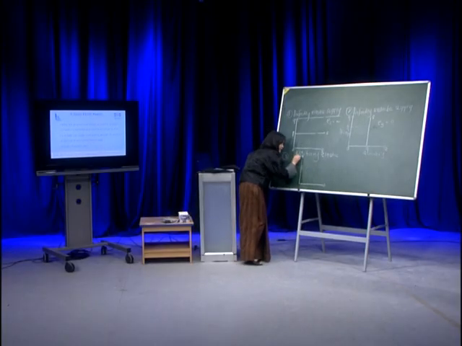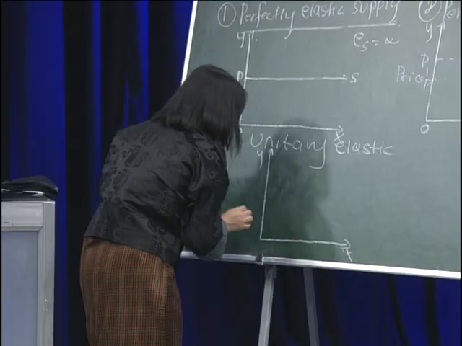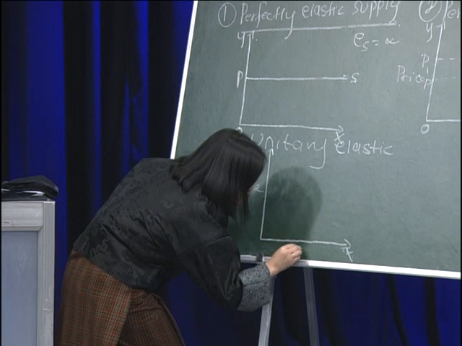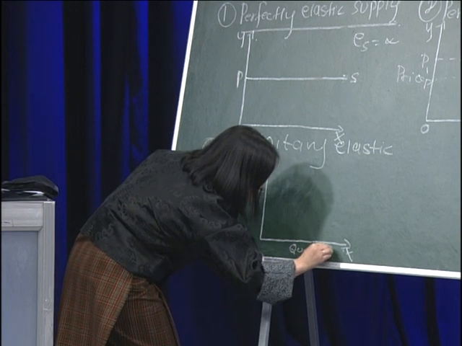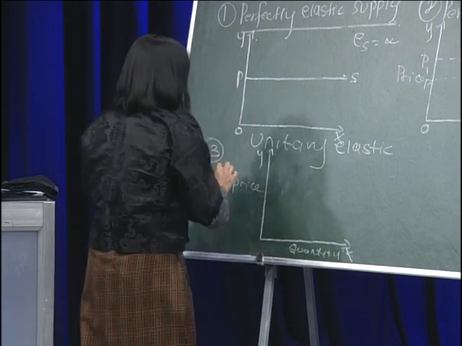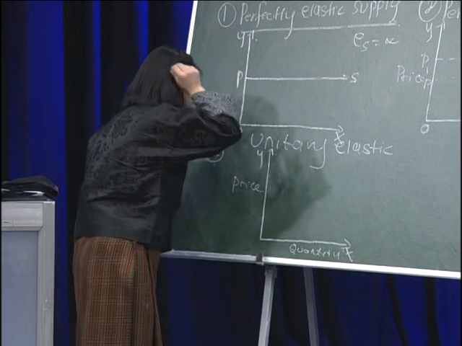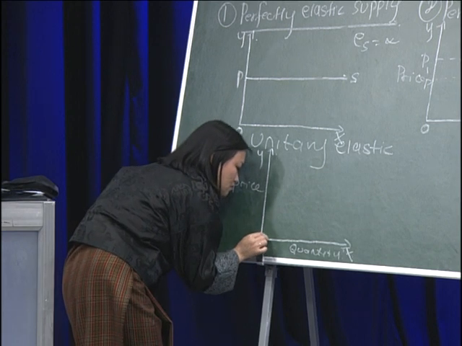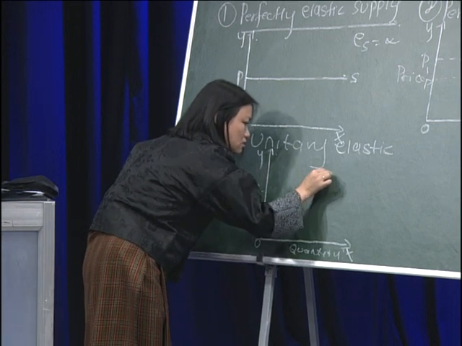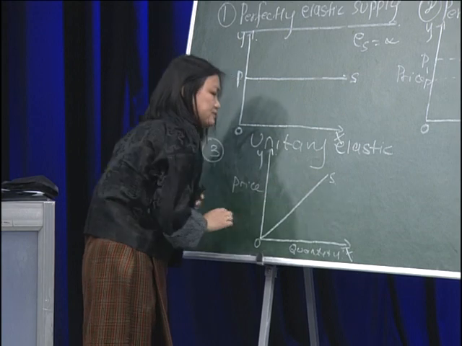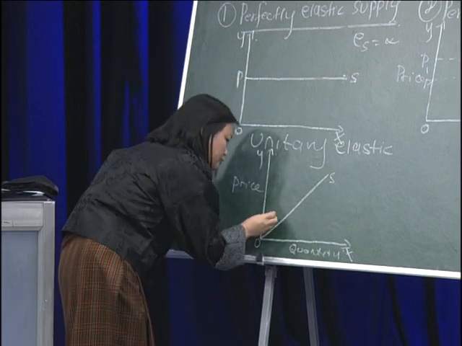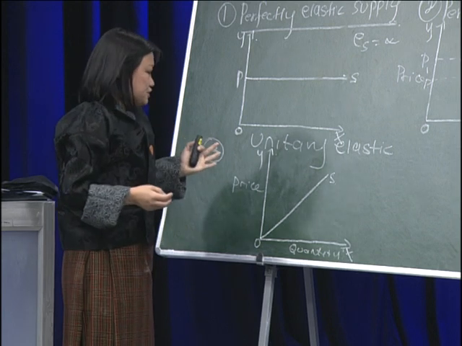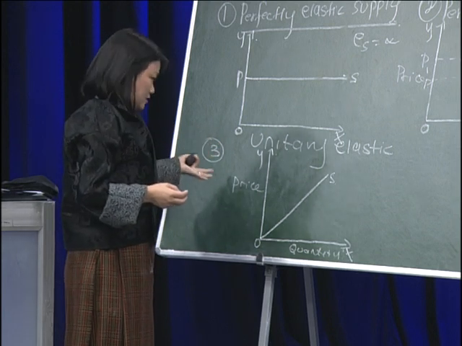Okay, we have y-axis, x-axis, then price on y-axis, quantity supplied on x-axis. So now, this is the point of origin. Okay, this is supply curve. Now we are going to look at a situation where there is equal change in the quantity supplied and price.